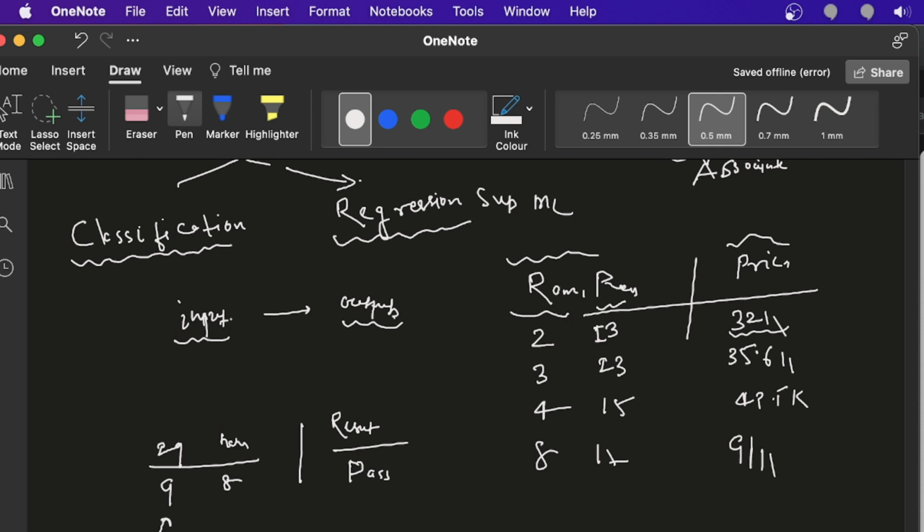And IQ 6 and they study for 4 hours, they also pass the exam. IQ is 7 and they study 2 hours.